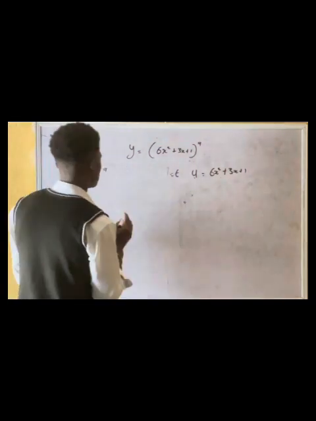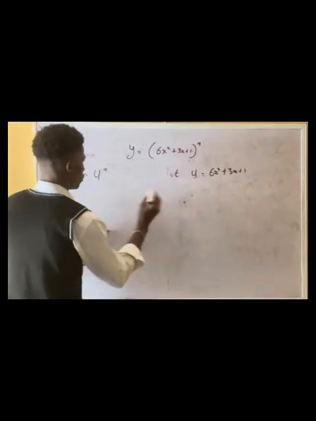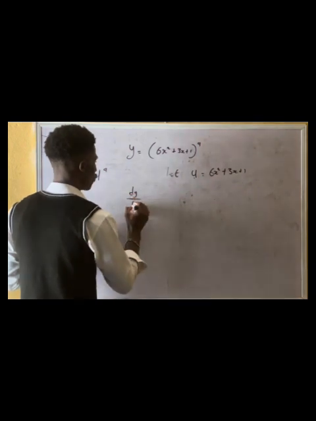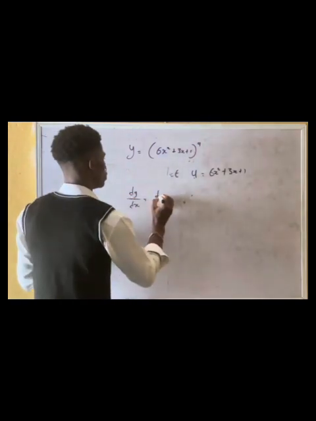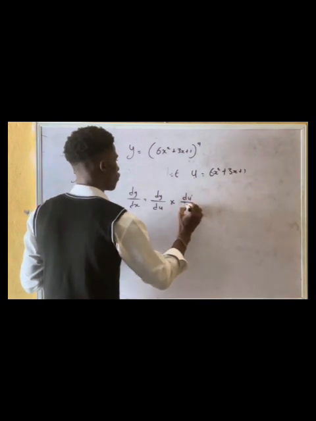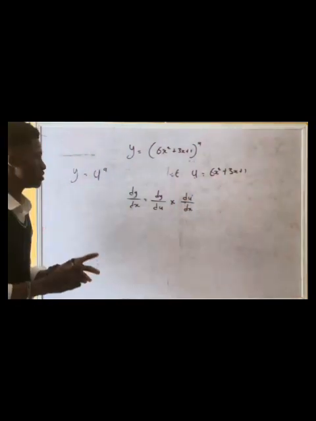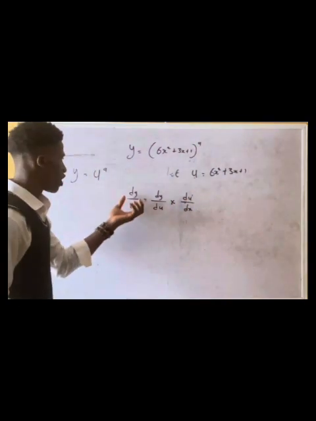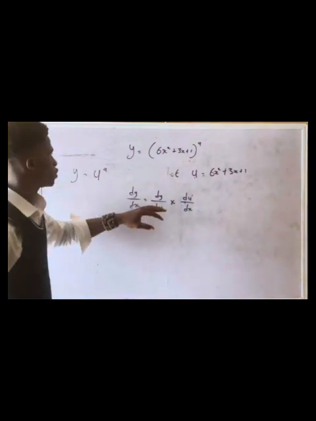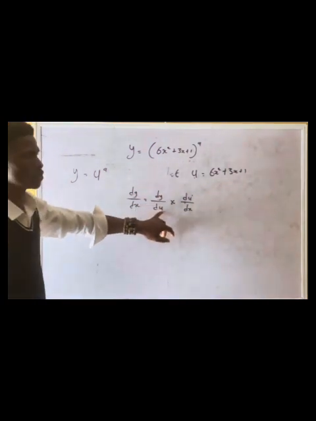Okay. So now what do we do? What is the chain rule expression? You say dy over dx is equal to dy over du times du over dx. What does this mean? I will explain again. dy over dx, differentiating y with respect to x, is equal to differentiating y with respect to u.